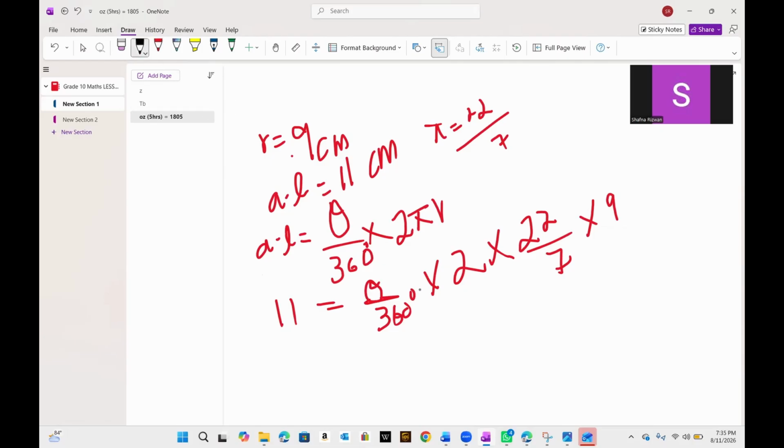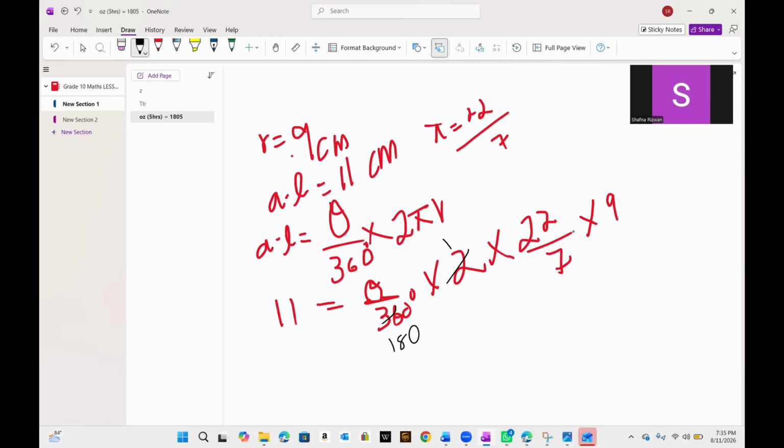Now let's take this. Here, what can you cancel? 2 and 360, you can cancel it off, right? So here, 2 divided by 2 is 1. 36 divided by 2 is how much? 18. Put the 0 also.